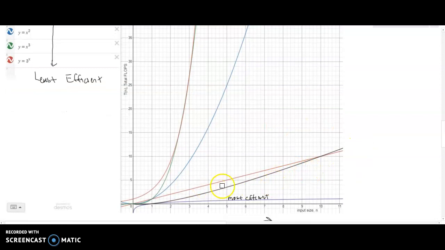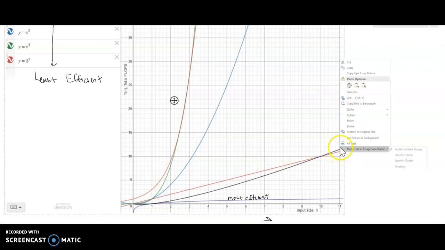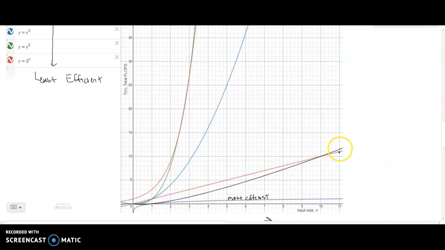So you can see that as n gets sizably large, even though the linear function is less efficient than the black function, eventually there's a crossover here. And that's really what we're looking after, that as n gets larger than 10, the red function requires fewer operations than the black function. We can see that here, that this output value right there, for example, is smaller than that output value right there.